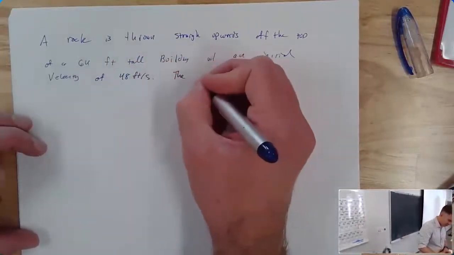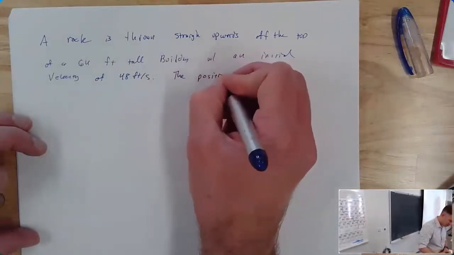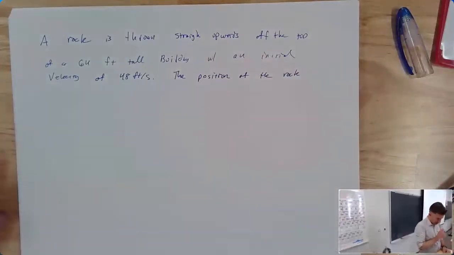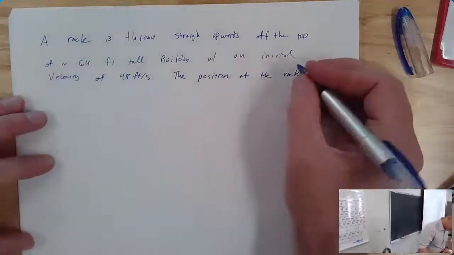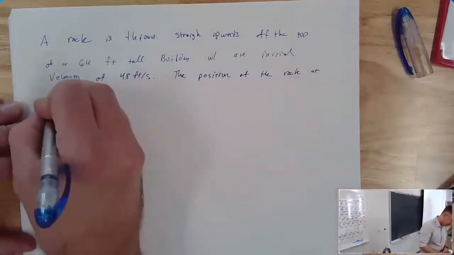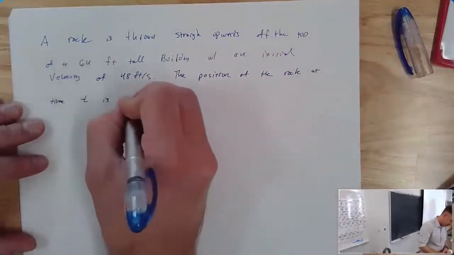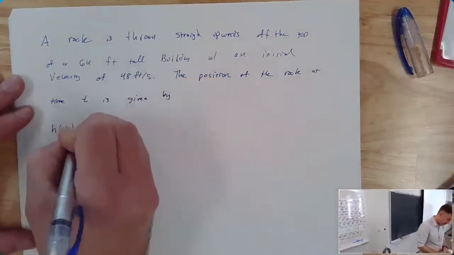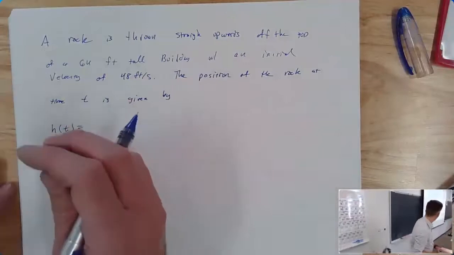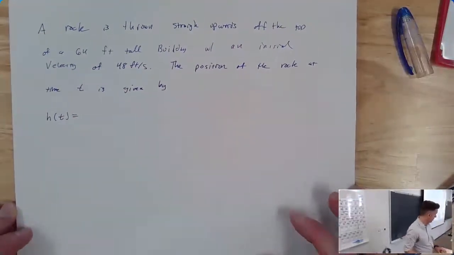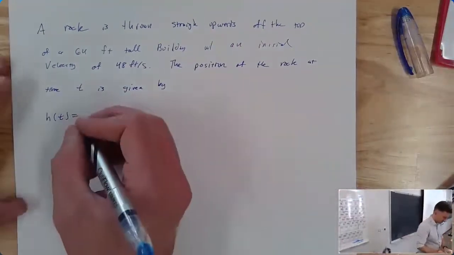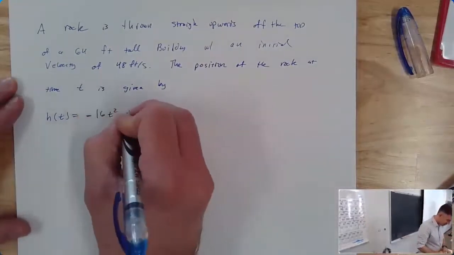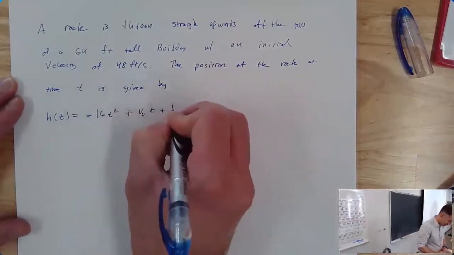The height or position of the rock at time t is given by the following equation. Here's what you should know about this equation. The general form in US units is height equals negative 16t squared plus v naught t plus h naught.